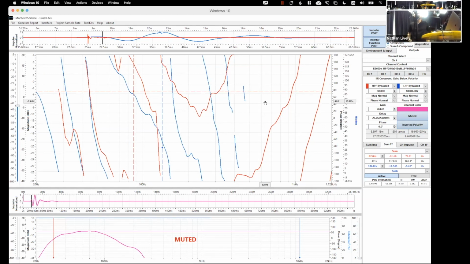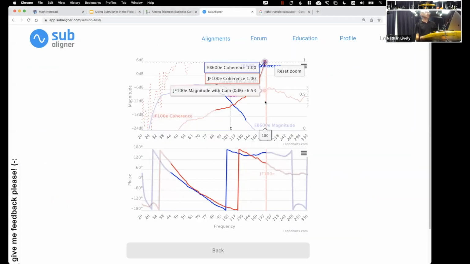SubAligner is an actively growing project. I still feel like I haven't quite made it into something that's super valuable. It does solve a problem, but as you guys are using it and trying it out, please let me know what ideas you have for features that could be useful. One person recently was telling me that they always want an alternative solution here.